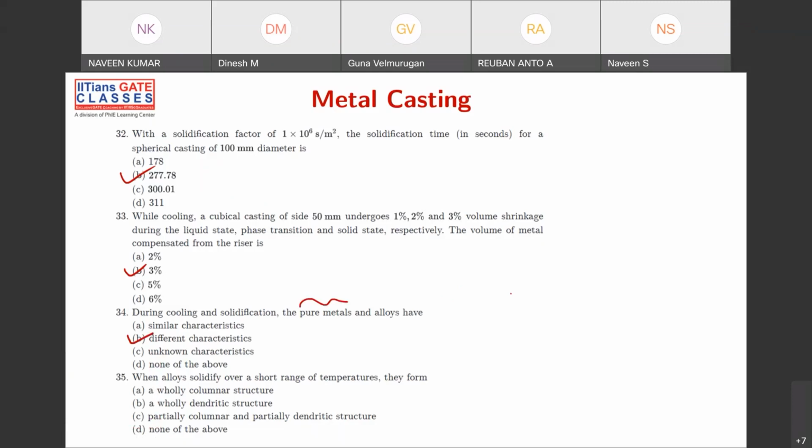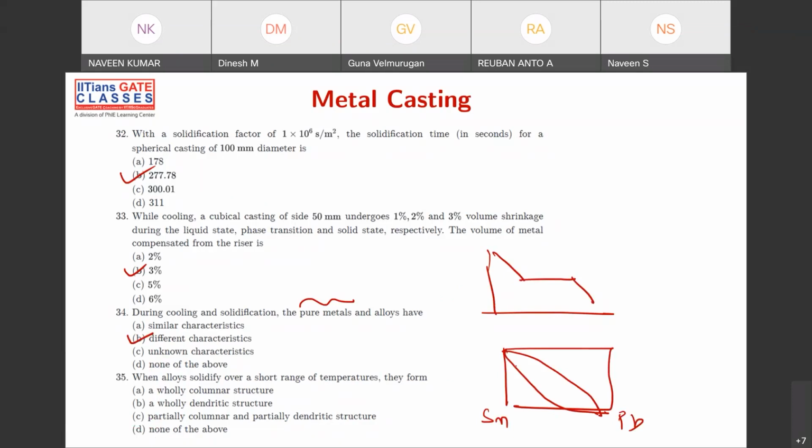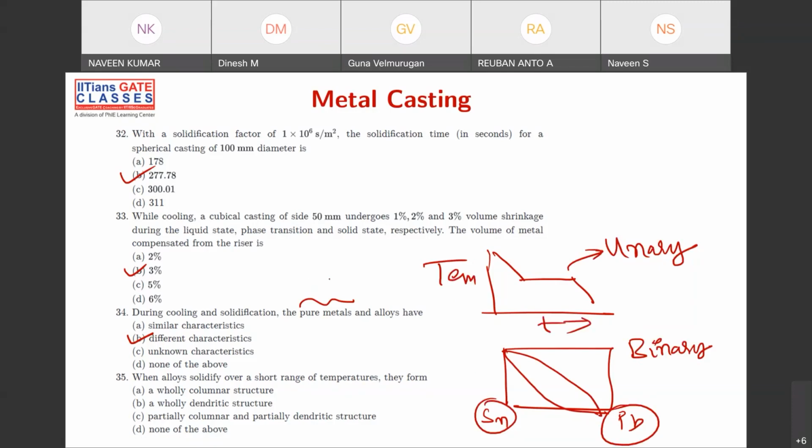Obviously, pure metals, it is simple. Actually, it will be like this, like this, like this. But let's say you're adding some alloy, some tin and lead, then the phase diagram will be some lens kind of diagram. So that phase diagram itself will be changing. Pure is unary, this is binary. You're adding some other thing. Obviously, the melting points of both elements are different, so the phase diagram itself will be different. Obviously, the temperature and time curve will be different for alloys and for pure metals. Obviously, answer is B. Very straightforward question.